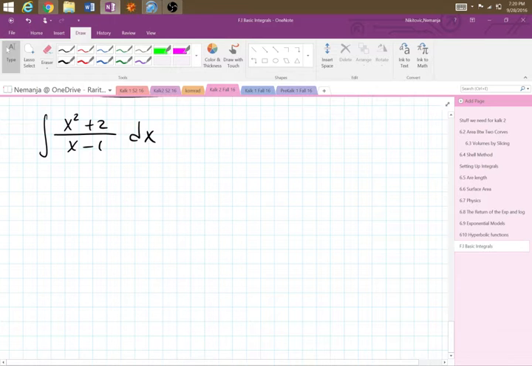So the algorithm for long division of polynomials is identical to the algorithm for dividing numbers, except now you divide x. So x squared divided by x is x, and then you multiply back and subtract. And you have to put the placeholder after x squared, so it has to be x squared plus 0x plus 2 divided by x minus 1.